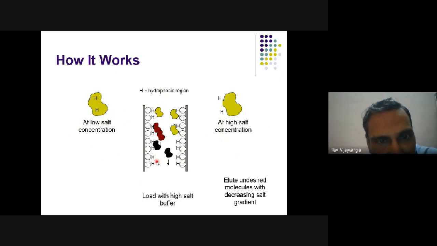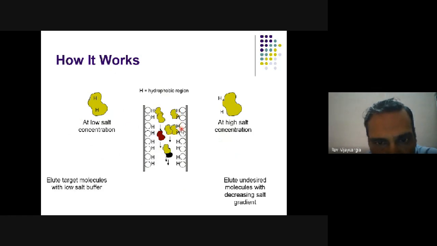You load the column with high salt buffer, and the hydrophobic residues of the protein surface interact with the hydrophobic resin. When you have sufficient binding of the protein, you elute the target molecules with the low salt buffer. Once the molecules have bound, you reduce the salt concentration, and the molecules come off the column, and thereby you can purify the protein of interest.